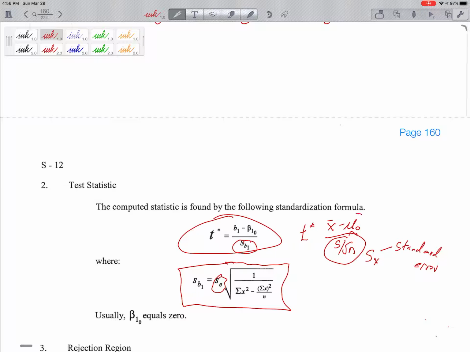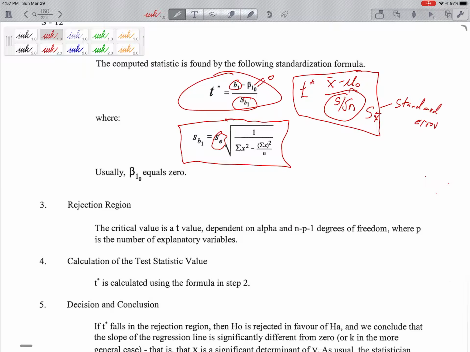So it's got the same form as a usual t here, and this should be the s of the x's. There we go, that looks better. But it's dealing with the sample statistic, the hypothesized value, which is just going to turn out to be 0 in our null hypothesis, and then the standard error of the slope.